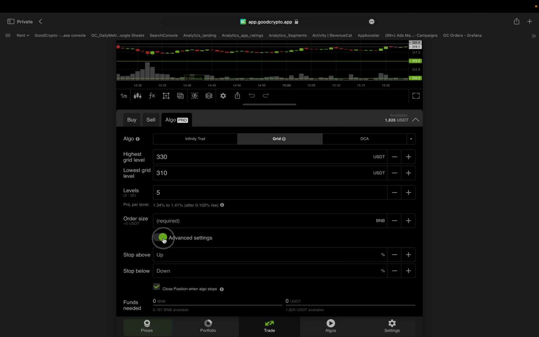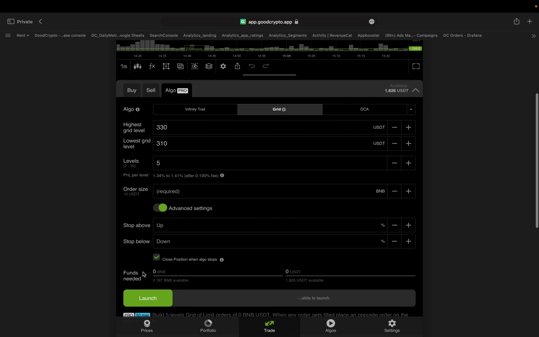The reason for that is that the grid can be stopped not only if it hits the stops, but that's kind of 99% of the time, but there are other cases in which the grid can be stopped. For example, you can run out of the base currency to pay the fees, and the order will be cancelled and the grid will stop.